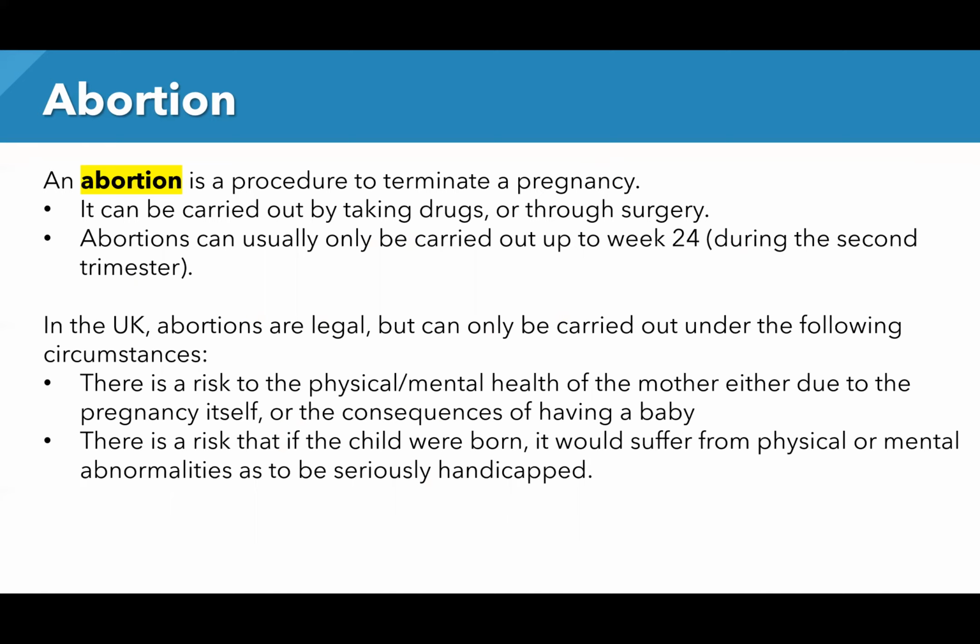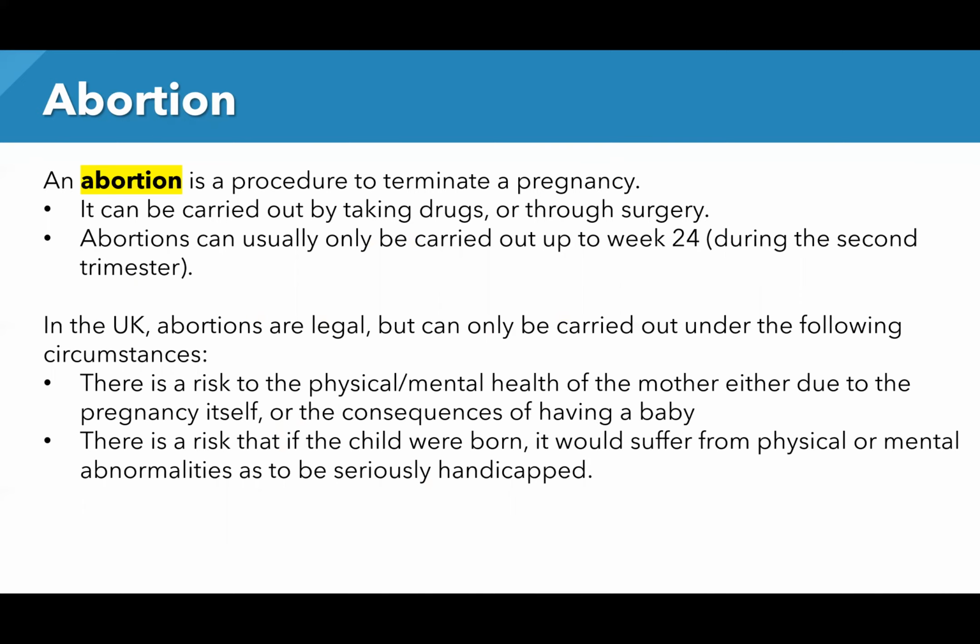Abortions can usually be carried out up to week 24, and this is during the second trimester of pregnancy. In the UK, abortions are legal, but they can only be carried out under the following circumstances. Firstly, if there is a risk to the mental or physical health of the mother, either due to the pregnancy itself or the consequences of having a baby, or that there is a risk that if the child were born, it would suffer from physical or mental abnormalities as to be seriously handicapped.